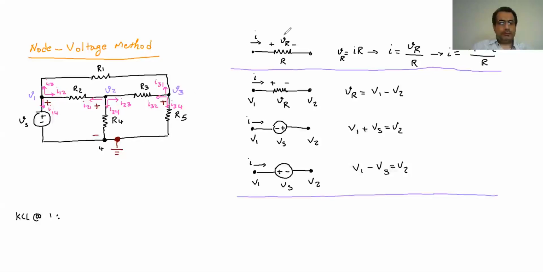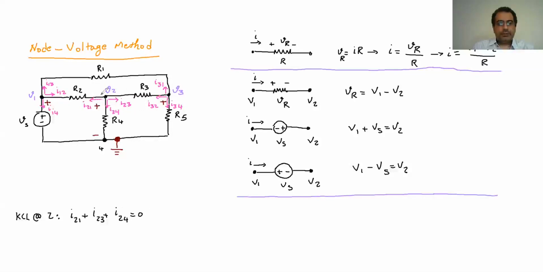Now if I want to write it, for example, for 2, it's easier for the beginning. So if I want to write it for the second one at the 2 here, the KCL says the I2,1 plus I2,3 plus I2,4 should be 0 because everything is leaving.